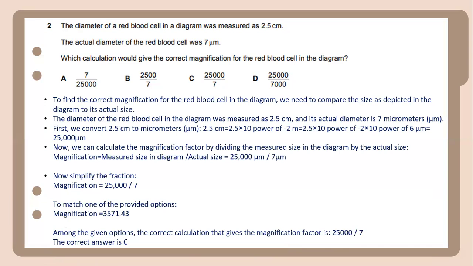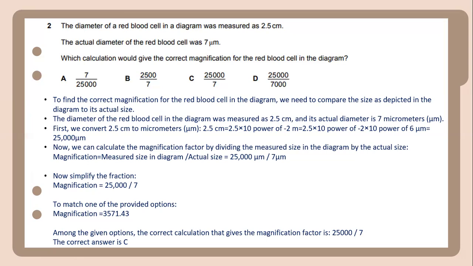7 micrometers. First, we have to convert 2.5 centimeters to micrometers. 2.5 centimeters equals 2.5 times 10 to the power of negative 2 meters, which is equivalent to 2.5 times 10 to the power of negative 2 times 10 to the power of 6 micrometers, which is 25,000 micrometers.